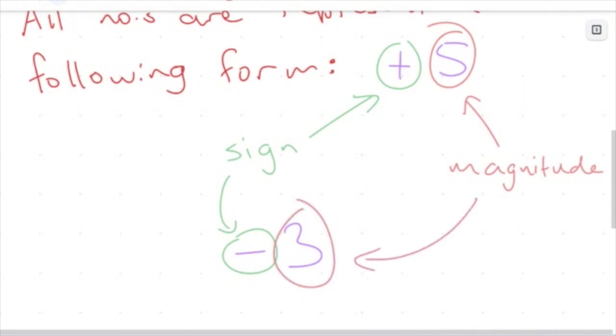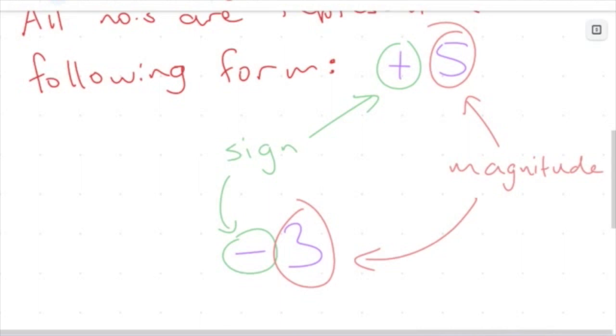So all positive and negative numbers, all integers, are expressed in this form. But as we said before, with positive numbers we're not always writing plus 5. We just write 5, or 13, or 247. We usually leave out the plus sign because it's implied that it's positive, unless it says otherwise, which is drawing a negative sign in front of it.